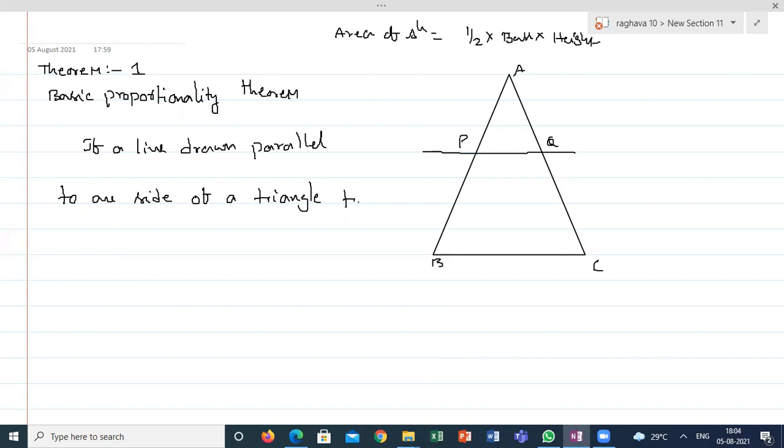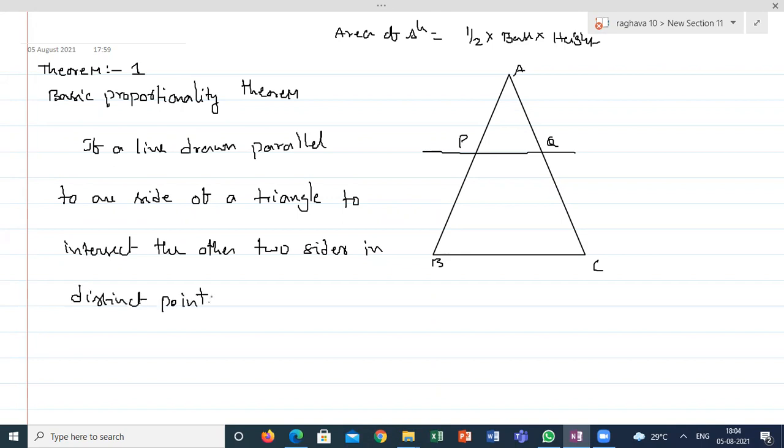to intersect the other two sides in distinct points, meaning different points.